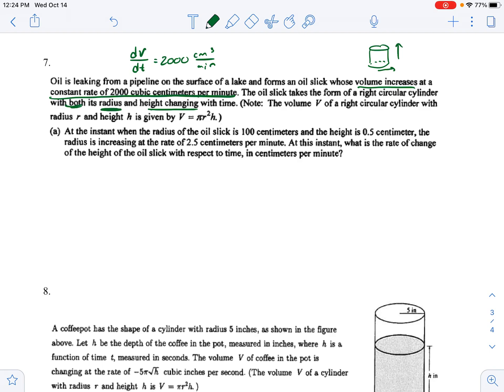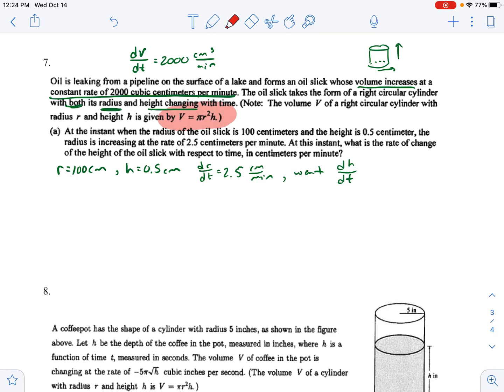They gave you the formula, volume equals pi r squared h. At the instant when the radius of the oil slick is 100 centimeters, so r equals 100 centimeters, the height is 1/2 centimeter, the radius is increasing at a rate of 2.5 centimeters per minute. So that's the value of dr dt. At this instant, what is the rate of change of the height of the oil slick? So what are we after? dh dt with respect to time in centimeters per minute.